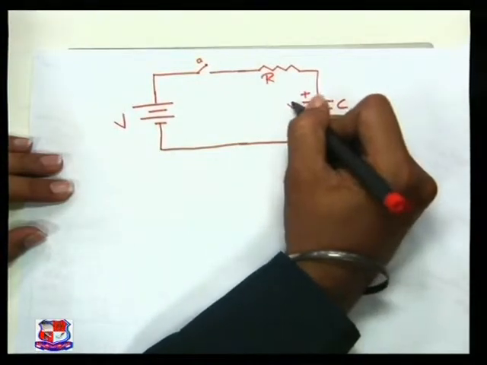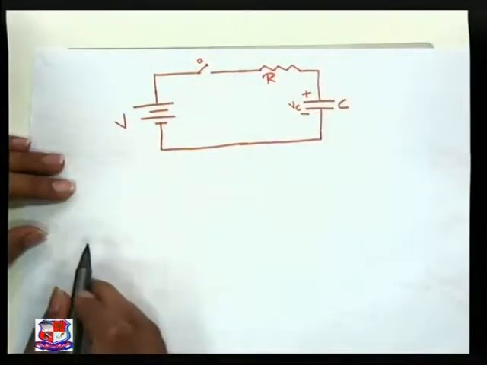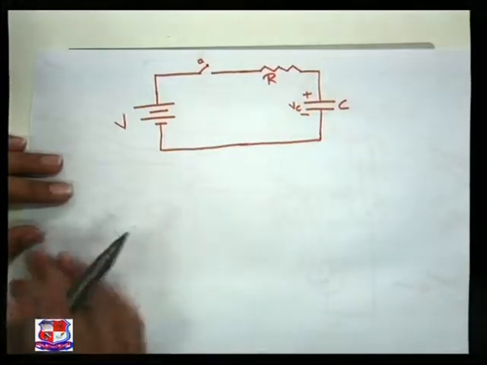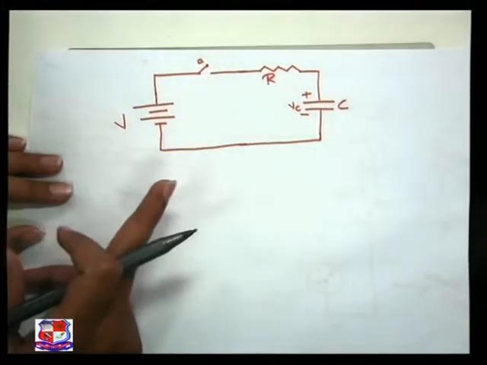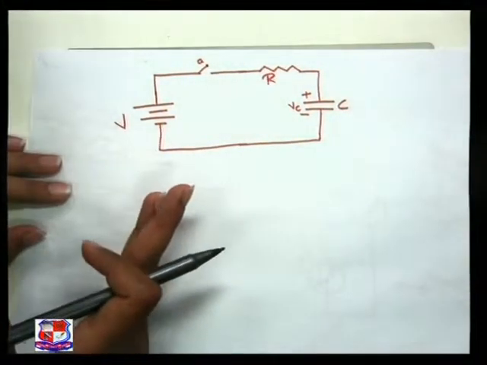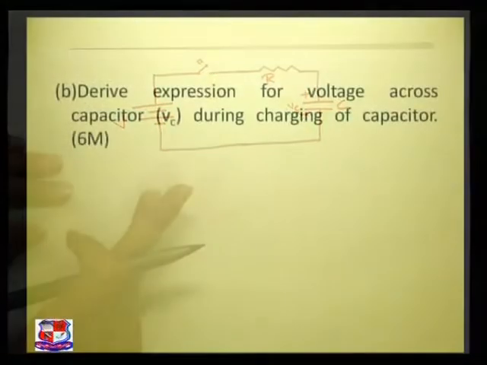Voltage across capacitor I am writing as VC, right. So consider a circuit where, if you see, the resistance and capacitance, those are a non-inductive resistance as well as the capacitor, connected in series, right.